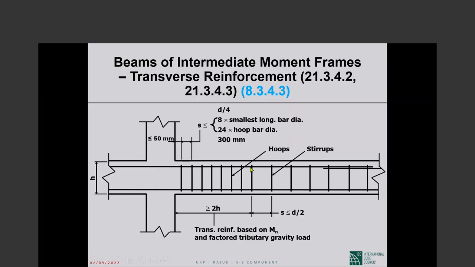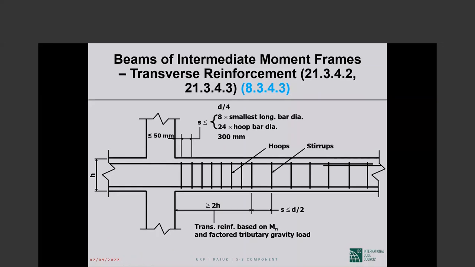So outside of the plastic hinge region, we can have stirrups at a spacing not to exceed 1/2 of the effective depth. So there isn't a whole lot of difference between the special moment frame beam and the intermediate moment frame beam when it comes to transverse reinforcement in ACI 318-08. That spacing has become much tighter for special moment frames, as I pointed out, in ACI 318-11.